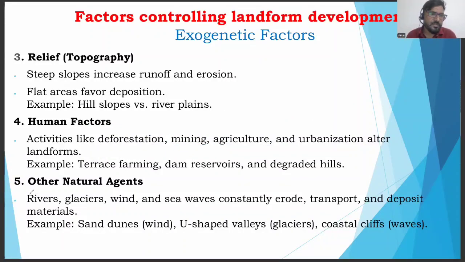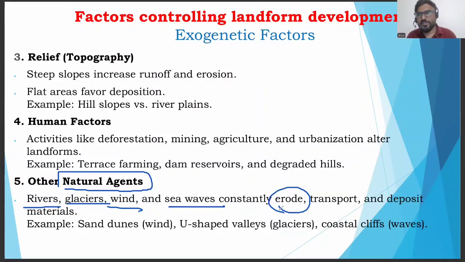Coming to the next point, other natural agents like rivers, glaciers, winds and sea waves modify the landforms. These agents constantly erode, transport, and deposit various materials, right?